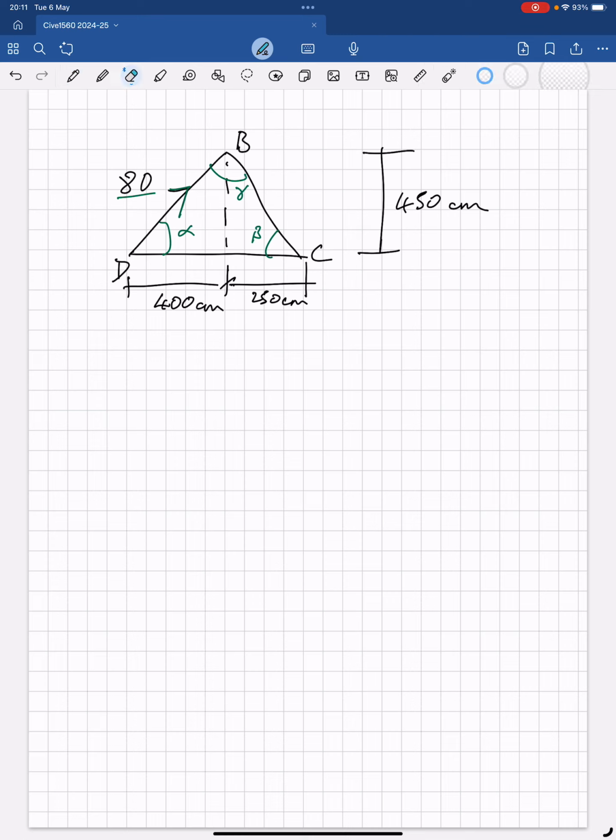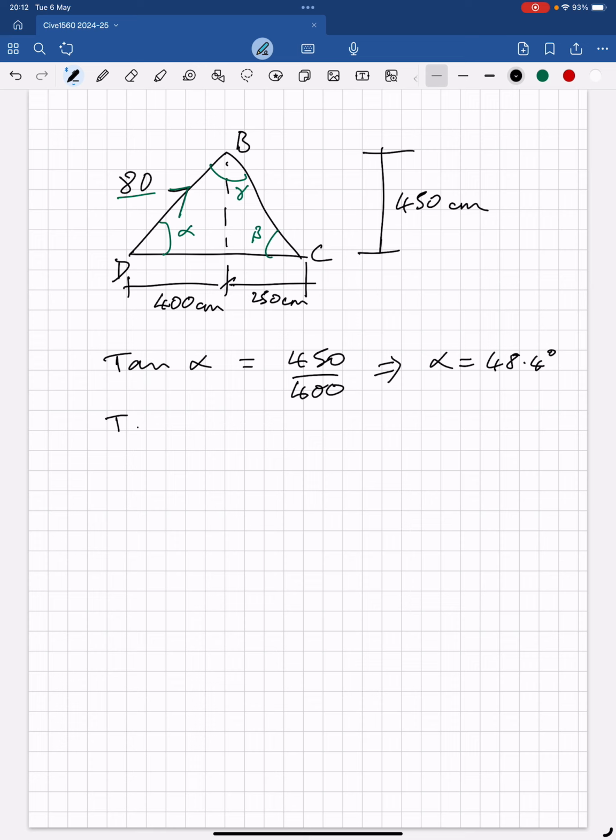Now we simply do trigonometry here. Tan alpha equals that height 450 over the adjacent 400, which leads to alpha equals 48.4 degrees.